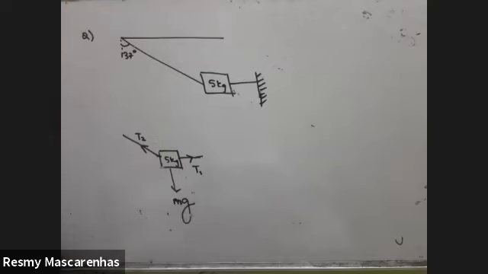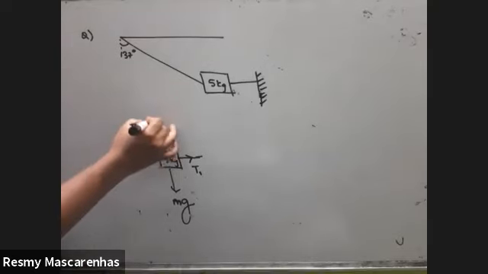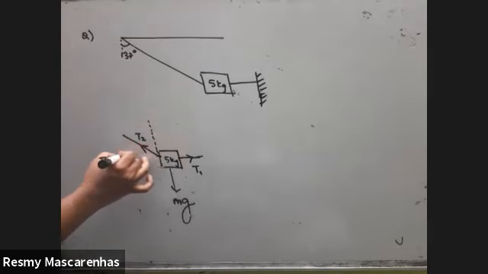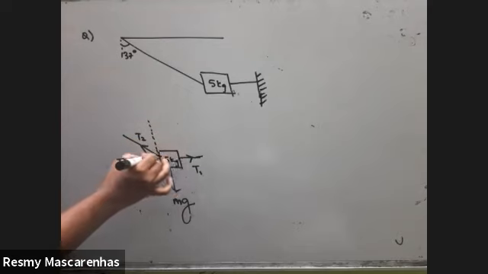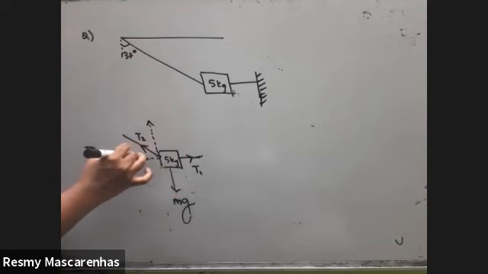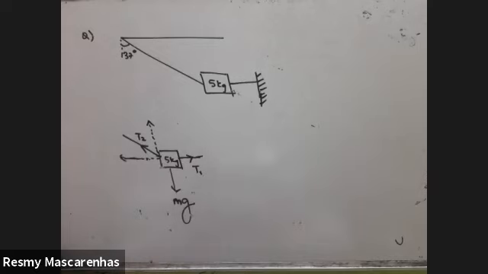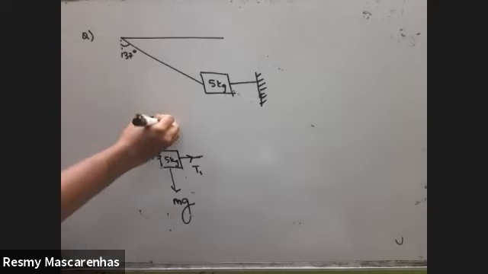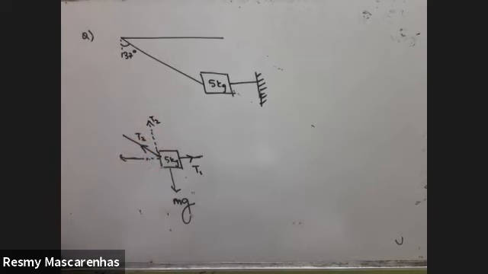So it will have one horizontal component and one vertical component. Whenever you have horizontal, this will be T2 cos theta or sin theta, we will see.